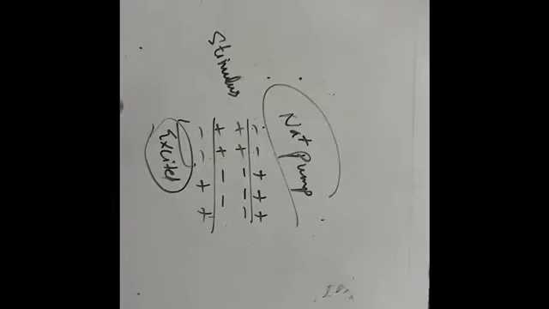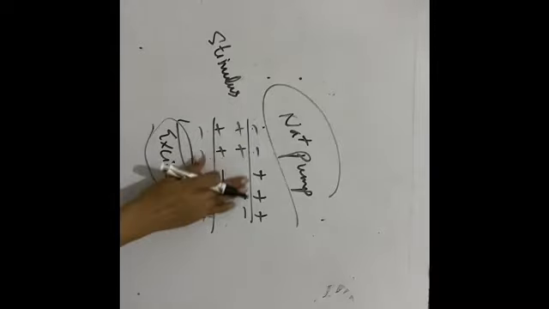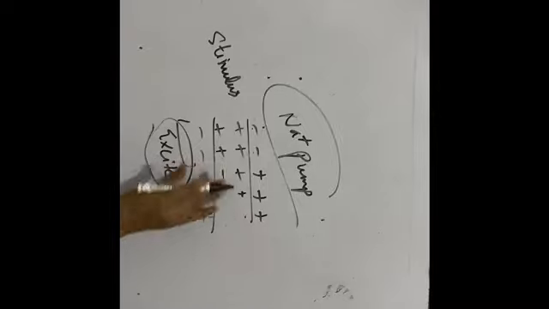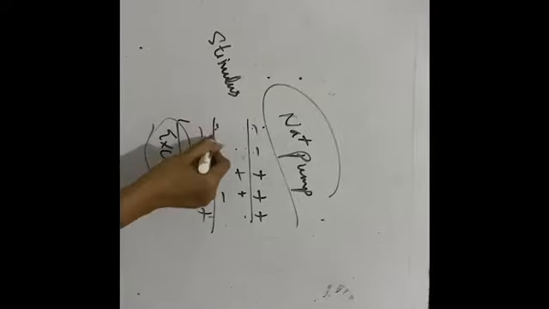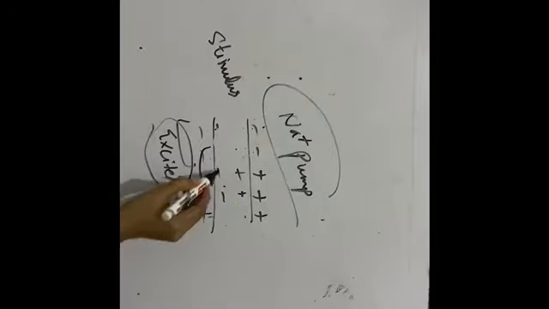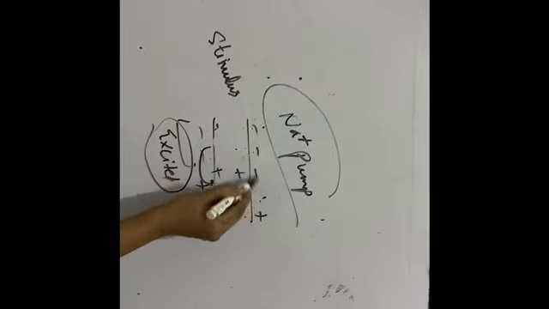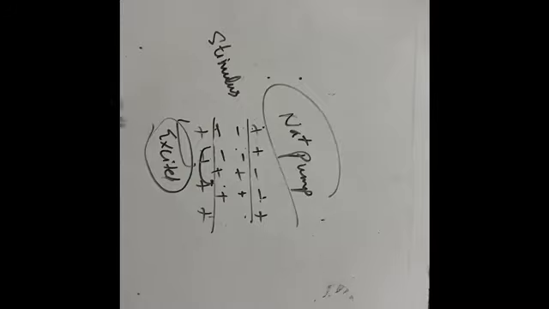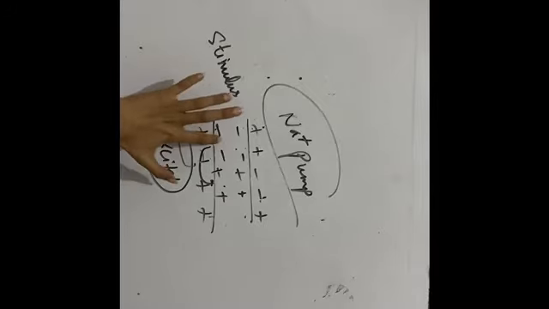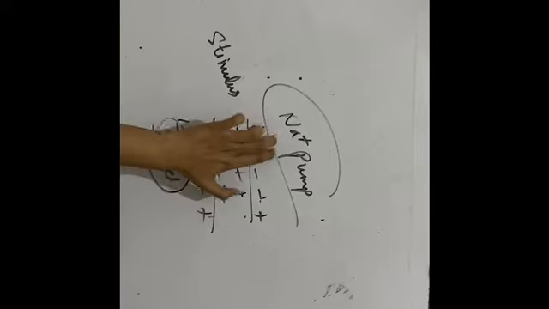Then this excited region further moves ahead and the message travels. So the message from here traveled up to here, right? And the negative charge goes out, and the previous one becomes again the resting region. Okay, so the message travels from one point of the neuron to another via sodium pump.